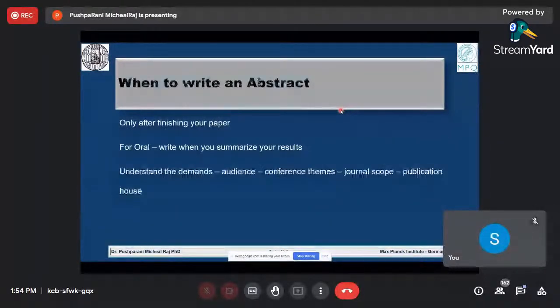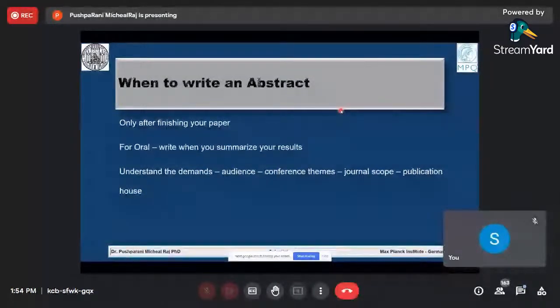And you have to first identify which conference you're going to present at, because your abstract should match the conference theme. If it is a journal, then understand who the audience of that journal is, because understanding the demands will make you more refined in what you write in your abstract. And what is the scope of the journal?